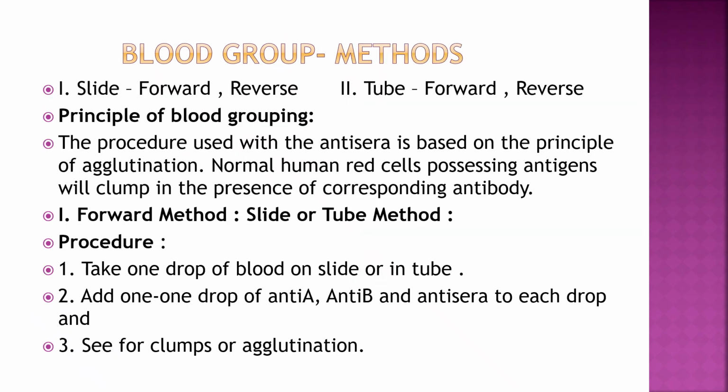Now in short, the principle of blood grouping is that when antigen and antisera are mixed together, they form agglutination or clumps, and then we can decide the blood group. The forward method can be done on slide or tube method. Take 1 drop of blood and 1 drop of known antisera, that is anti-A, anti-B, add these two, wait for 2 minutes and look for the clumps.